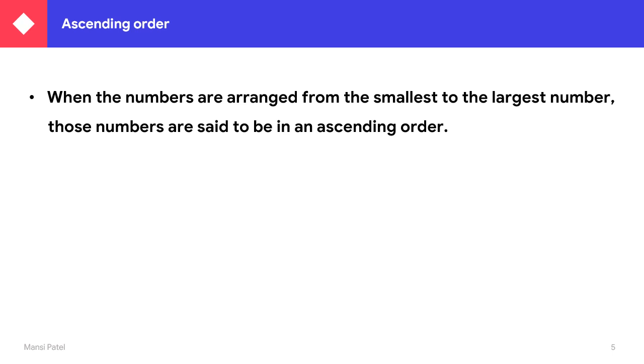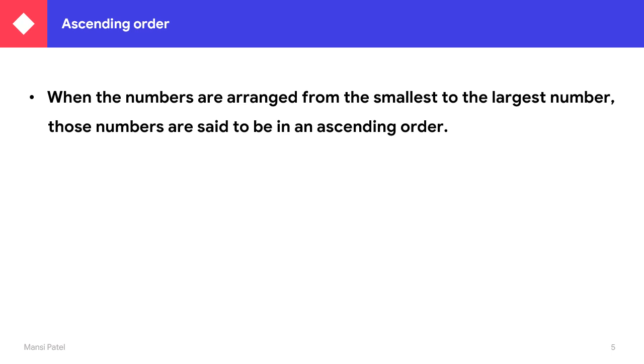When we arrange the numbers in an increasing order, first you have to write down smallest number and then you have to move to the largest number. So we can say that when we arrange the numbers in an increasing order, it is known as ascending order. So another name of ascending order is increasing order.